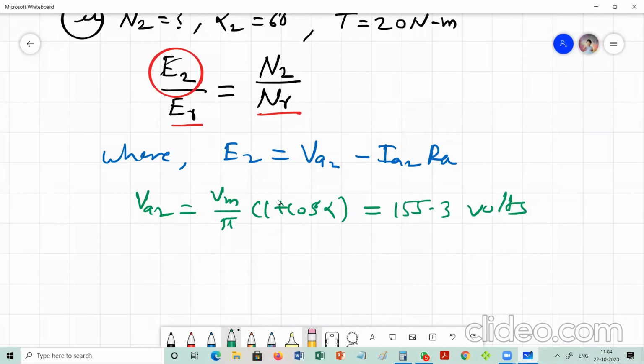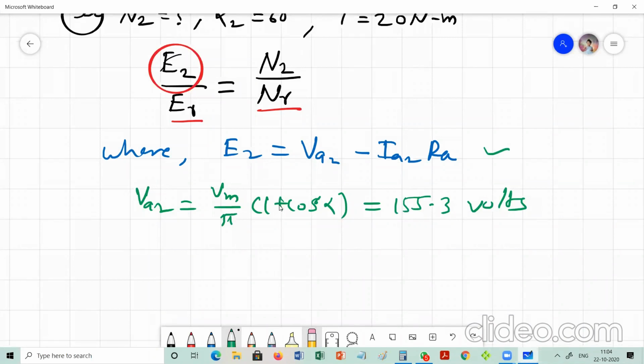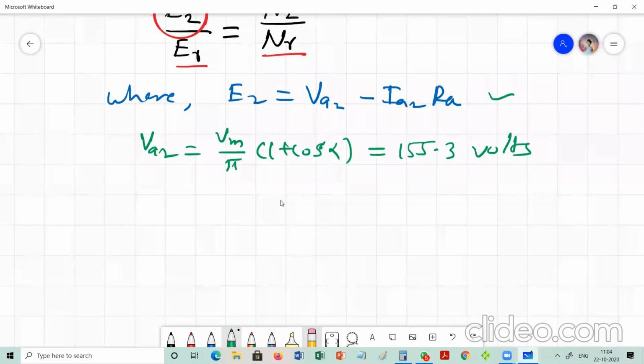We can't use the current equation, because the voltage equation is the same. So we have to go for another equation, since T2 is equal to K into IA2.